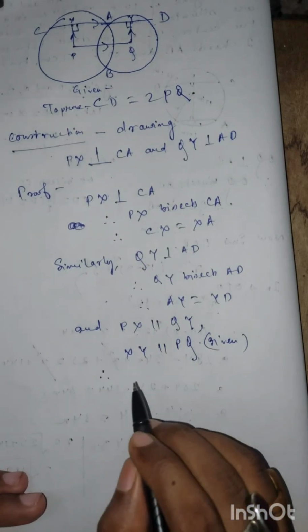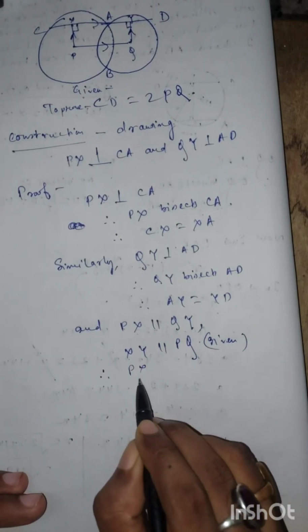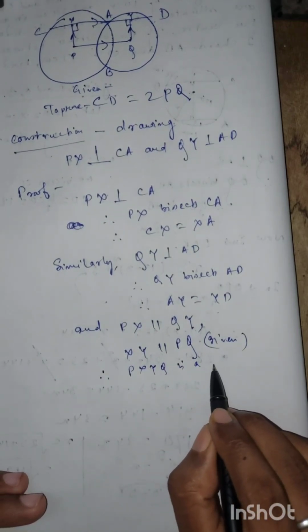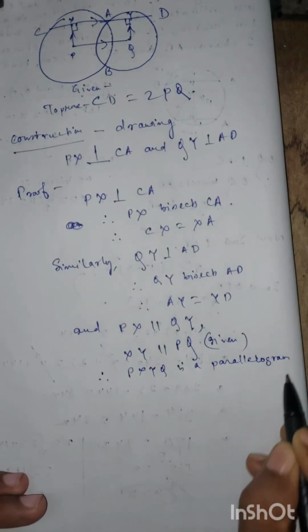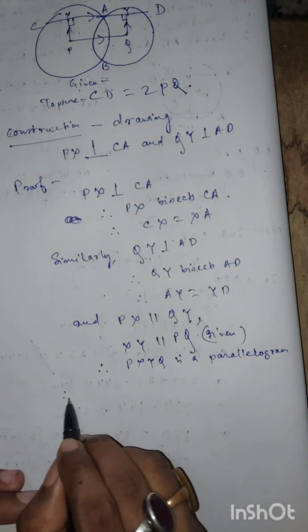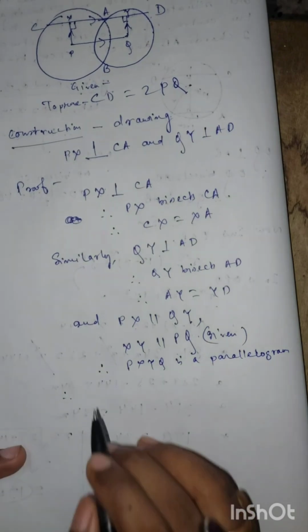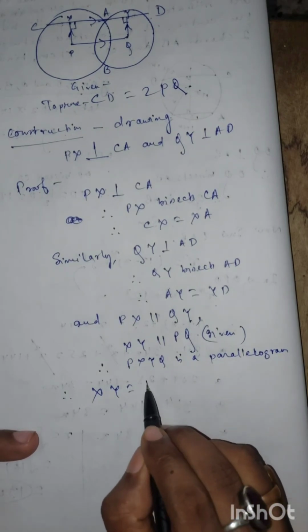Therefore PXYQ is a parallelogram. Therefore, we know opposite sides of the parallelogram are equal. Therefore, we can say XY should be equal to PQ.